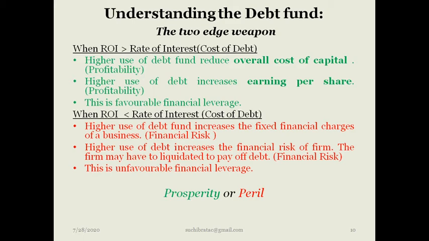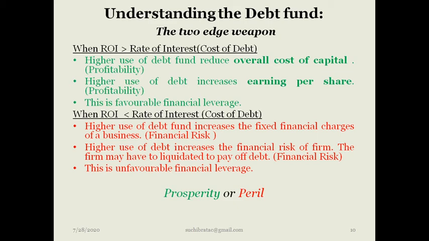Now what is the condition? The condition is that the return on investment of the business firm must be higher than the cost of debt. Now what is the cost of debt? The cost of debt is the rate of interest. If that condition is fulfilled, then only does debt fund help in increasing earning per share.